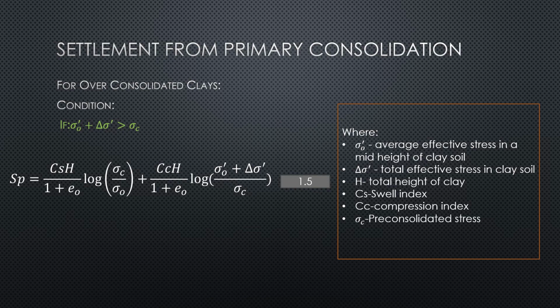Again, the symbols we are using are the same as in the previous formula. But here in the formula, what I corrected earlier, the formula is correct, and that will be formula 1.5.